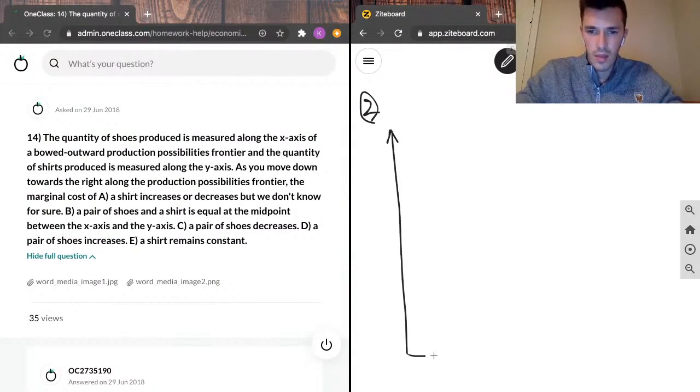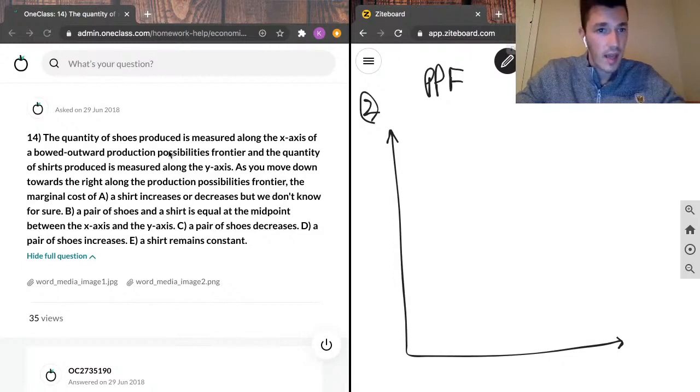a production possibilities frontier looks something like this, PPF. And they said along the x-axis is quantity of shoes.